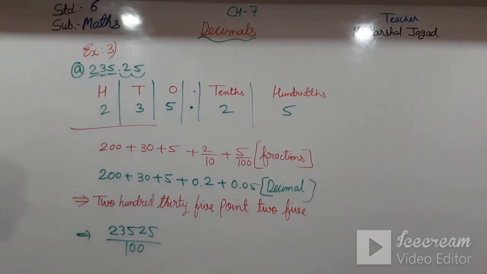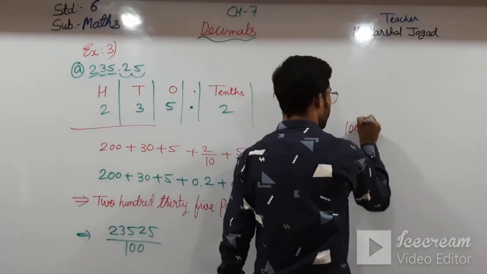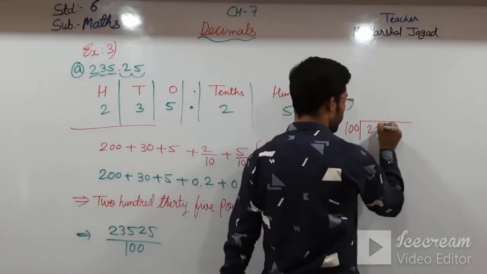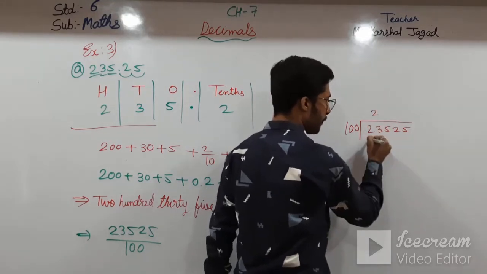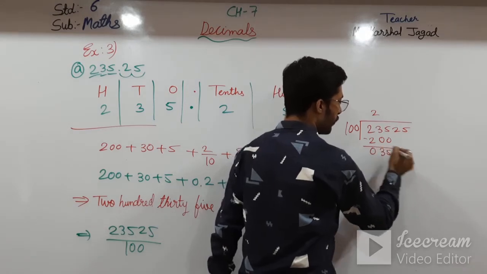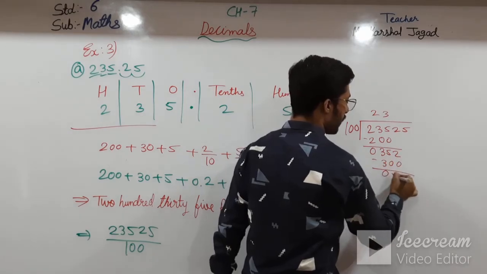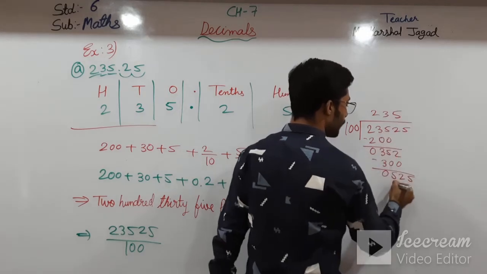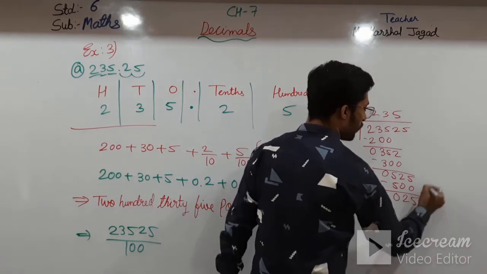For making this in mixed fraction form, we have to divide 23525 by 100. First, 2 hundreds are 200, remainder 0, bring down 35. Then 3 hundreds are 300, remainder 0, bring down 25. Then 5 hundreds are 500, remainder 25.